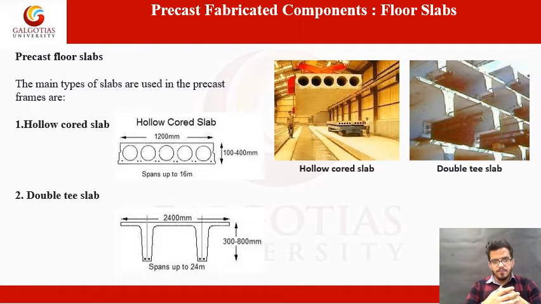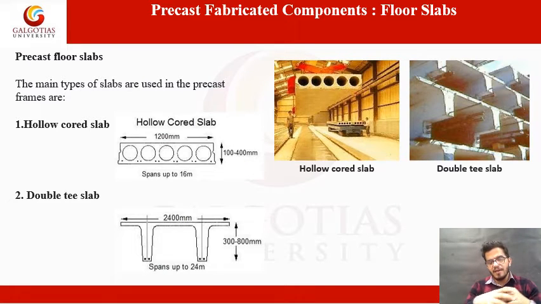A hollow core slab has a width of around 1200 mm and a depth of around 100 to 400 mm, and a double T slab has a width of around 2400 mm and a depth of around 300 to 800 mm, with a span of around 24 meters.